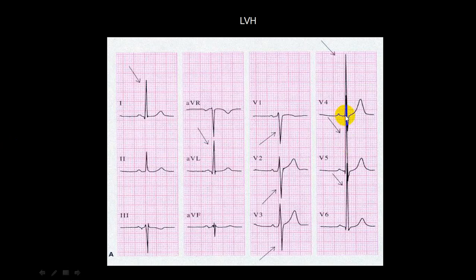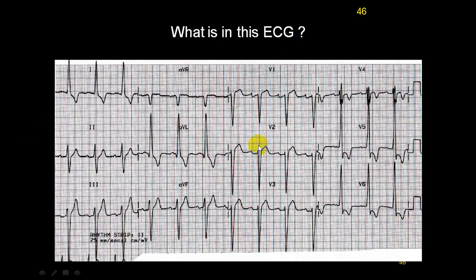So you can see here, V4, V5, V6, this is more than 30 small squares. So straightforward in favor. Or if you add V1 S wave plus V4, V5 R wave, whichever is taller, it is LVH. Again, you can see here, there is a tall R wave, there is a deep S wave here.